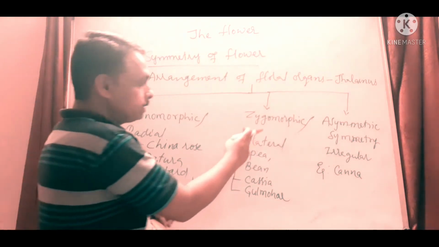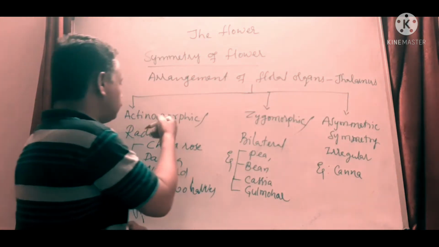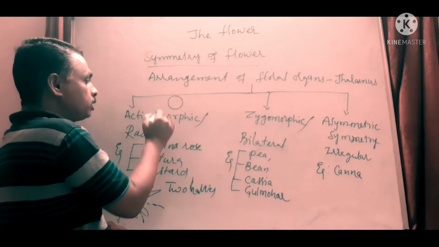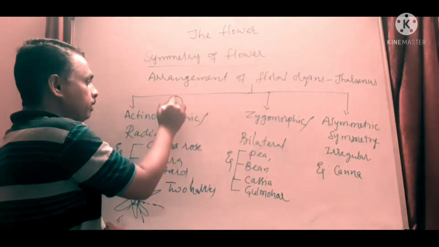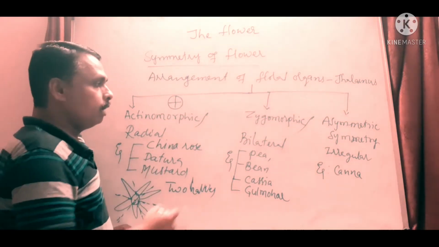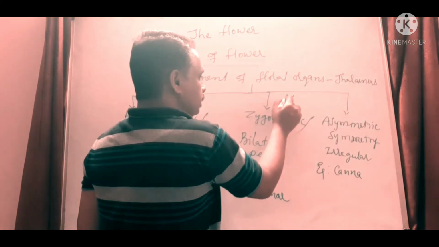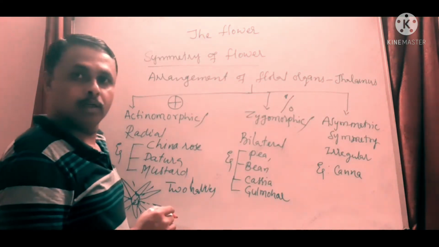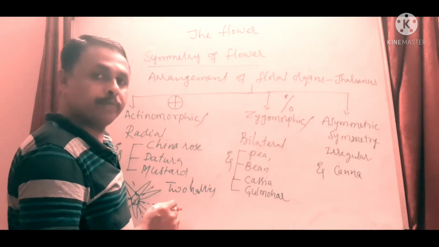In the flower, for actinomorphic symmetry, the floral symbol is like a circle with a dot. For zygomorphic, it is a percentage-like symbol, the indication of the floral symbol for zygomorphic symmetry.